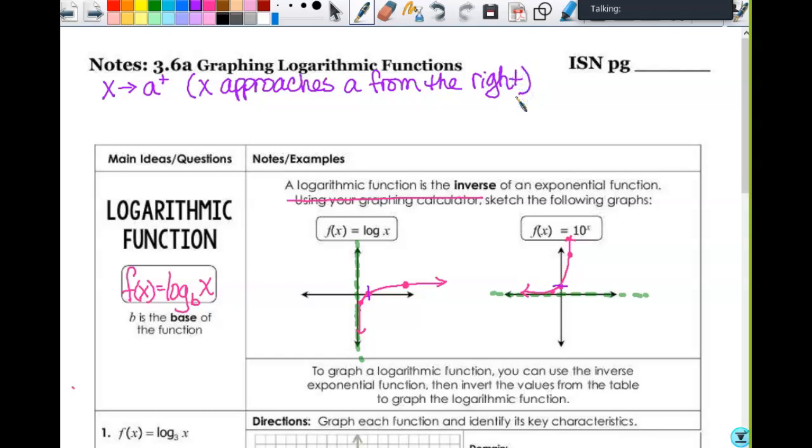And if I have x approaches a, and there's a negative sign there, that means x approaches a from the left. They're both written on the right, like a little exponent, but if it's a plus sign, we're approaching from the right. If it's a minus sign, we approach from the left.